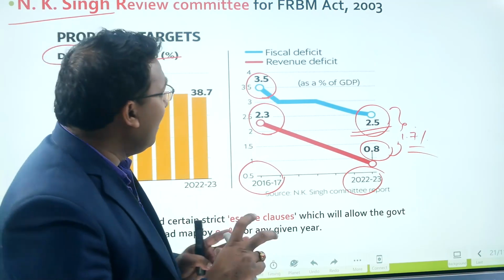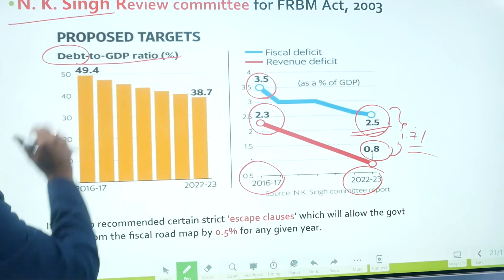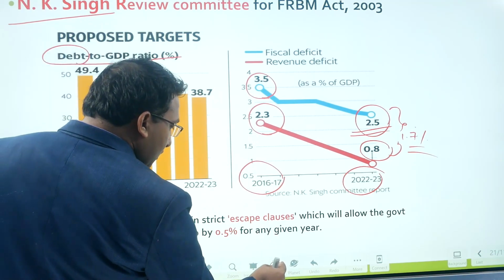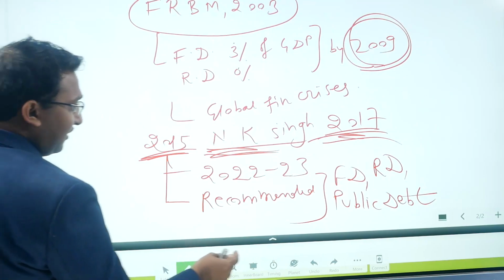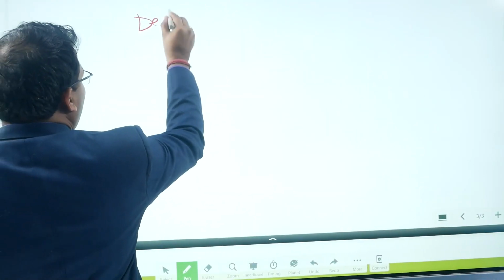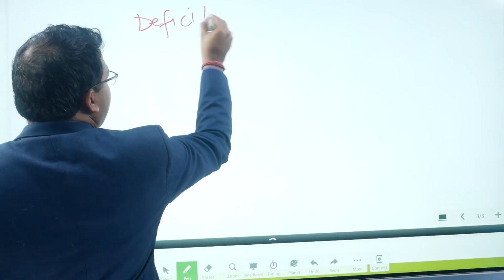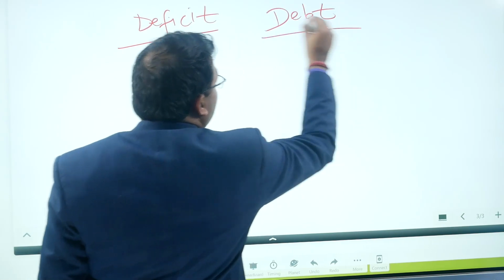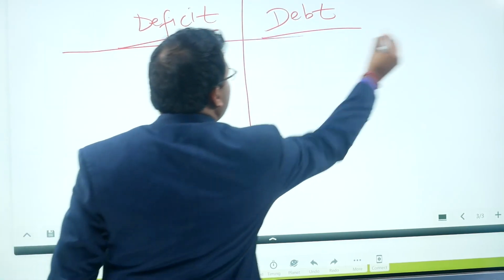Rather, we will see how much is the total debt. At this point, I want to tell you the difference between the debt and the deficit. There are two terms. One is deficit, another is debt.